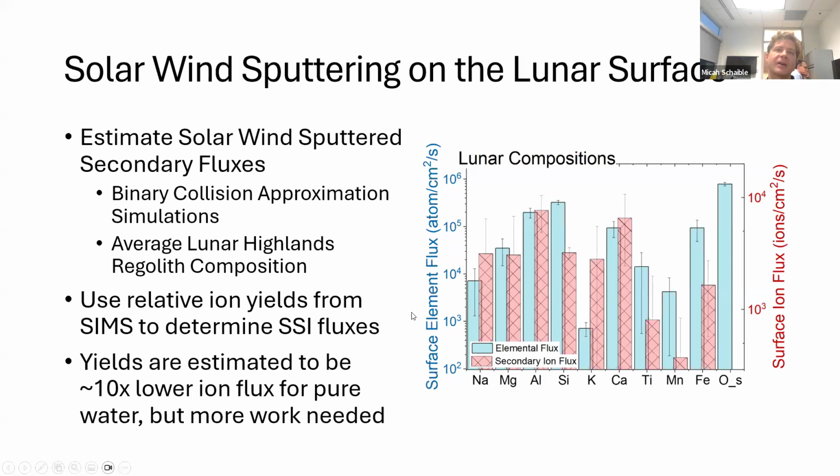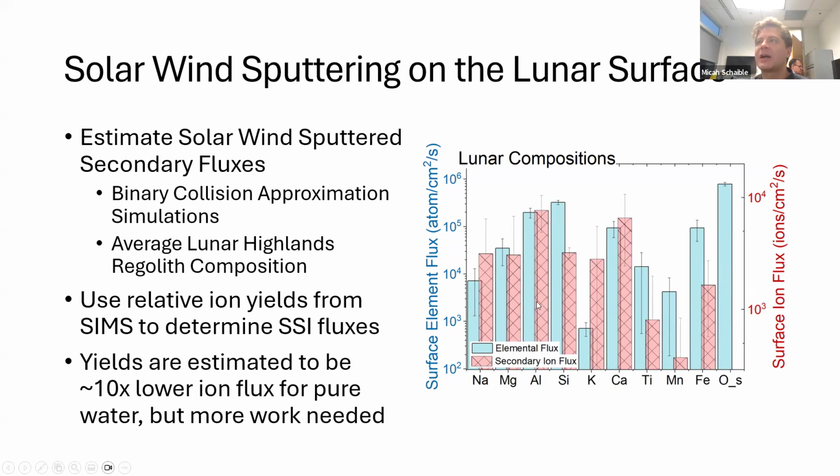And what we don't have yet are really good estimates for the yields of water. From the secondary ion spectra that I showed of the water deposited mineral samples earlier, we can estimate that the yields of water are about 10 times lower than the peak ion fluxes for the pure water samples, meaning that for water deposited onto a lunar sample, if we're seeing about 10^4 aluminum ions per centimeter squared per second, we would expect to see about 10^3 water ions per centimeter squared per second.